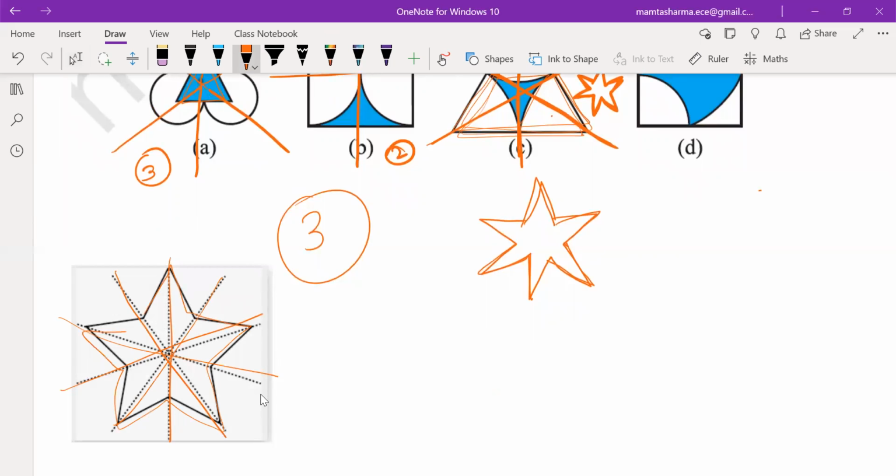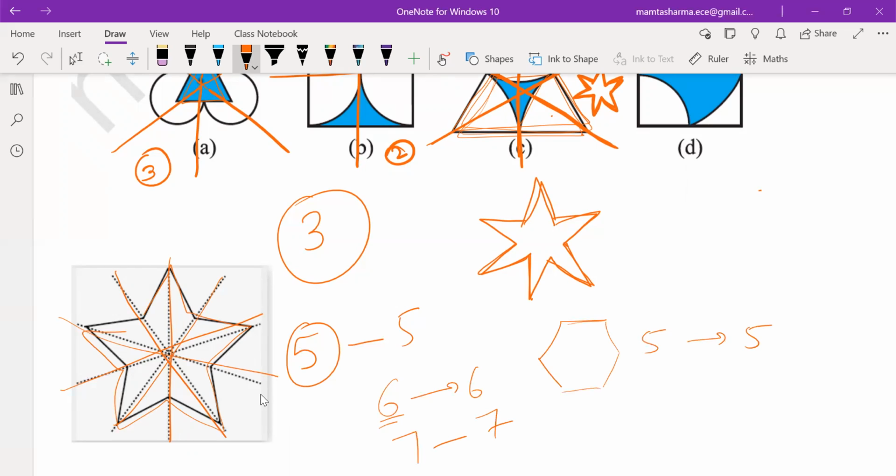Actually you can remember this trick that if a star is having 5 points, there would exist 5 lines. If a star is having 6 points, a 6-point star, then there would exist 6 lines. If a star is having 7 points, there would exist 7 lines. In a pentagon, we have seen there were 5 lines, so there would exist 5 lines of symmetry.